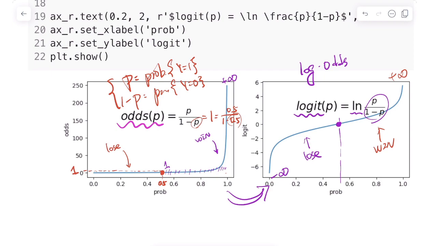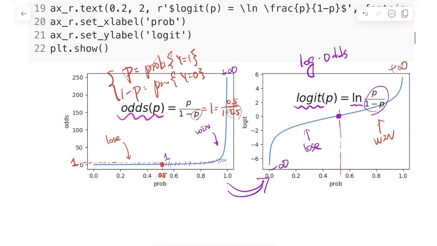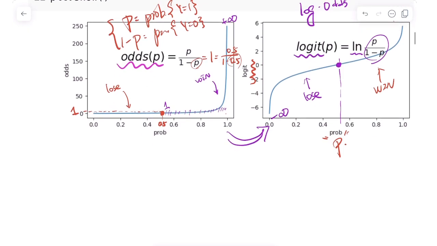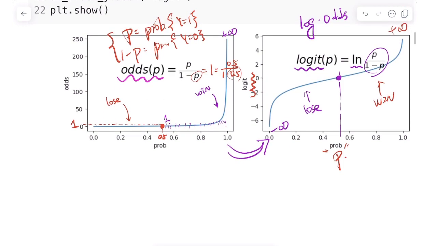Okay, and after that, here is the probability p, right? Some probability, and that is some value that we can use to describe winning or losing. Mathematics can tell us that you can simply flip this figure, so we exchange the x value and y value.